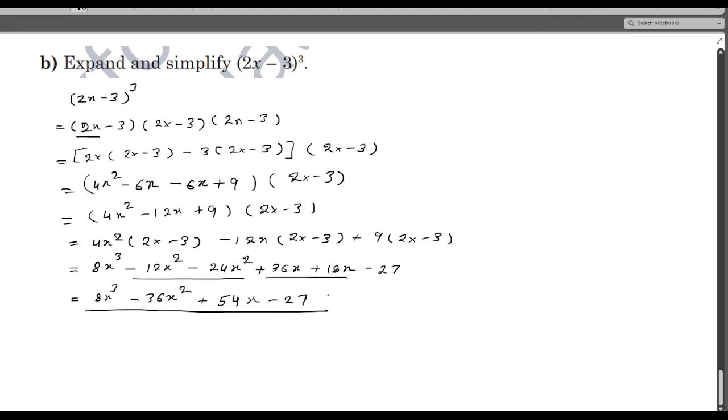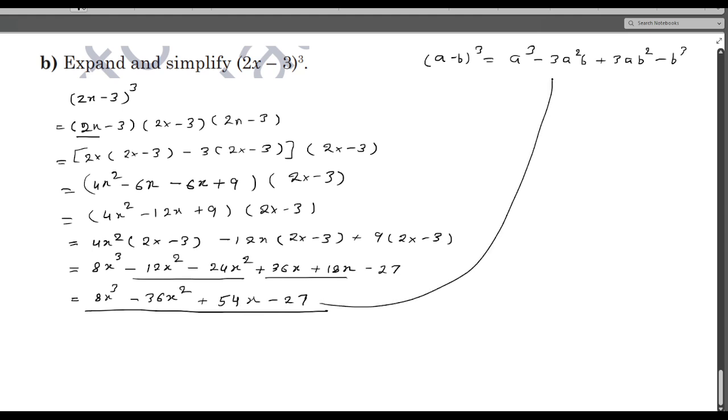Now in some of the boards, you are advised to learn some formulas. Like here, if you learn that a minus b the whole cube is equal to a cube minus 3a square b plus 3ab square minus b cube, then this expansion you can do in one line.